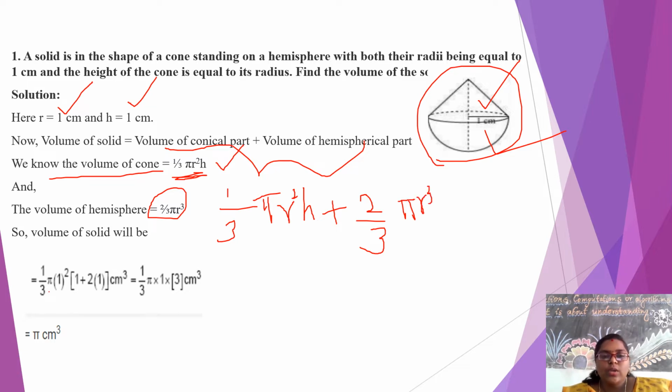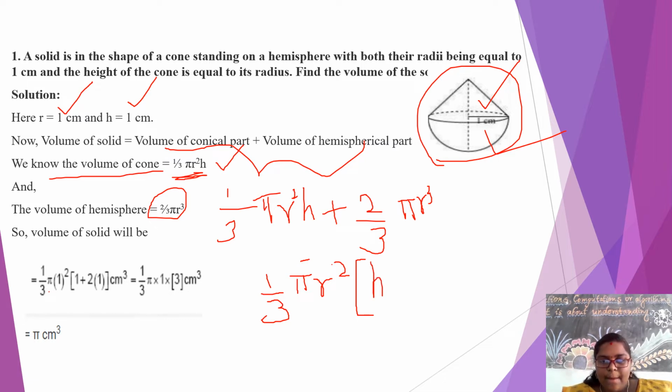Now if you notice these two terms, what is common? 1 by 3 is common. Pi is common. R square is common. Write down the remaining thing. 1 by 3 we took out, pi we took out, r square also. What is the remaining thing?